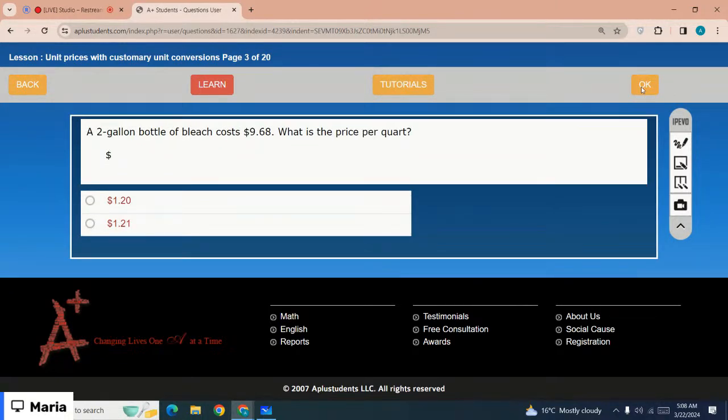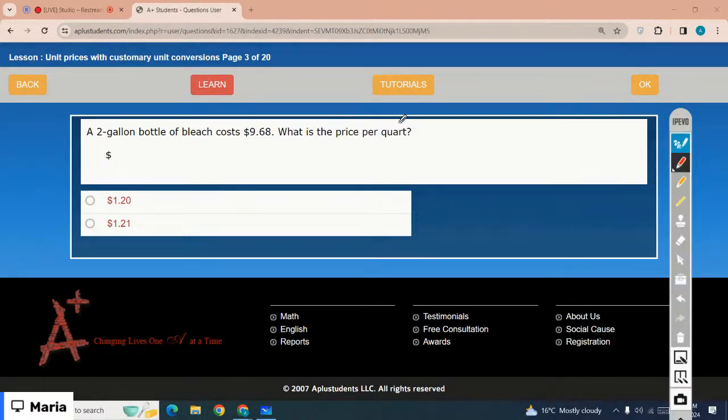Okay, a 2-gallon bottle of bleach costs $9.68. What is the price per quart? You have to calculate the price of 1 quart. 1 gallon equals 4 quarts, right? It is the same question we did in the tutorial.